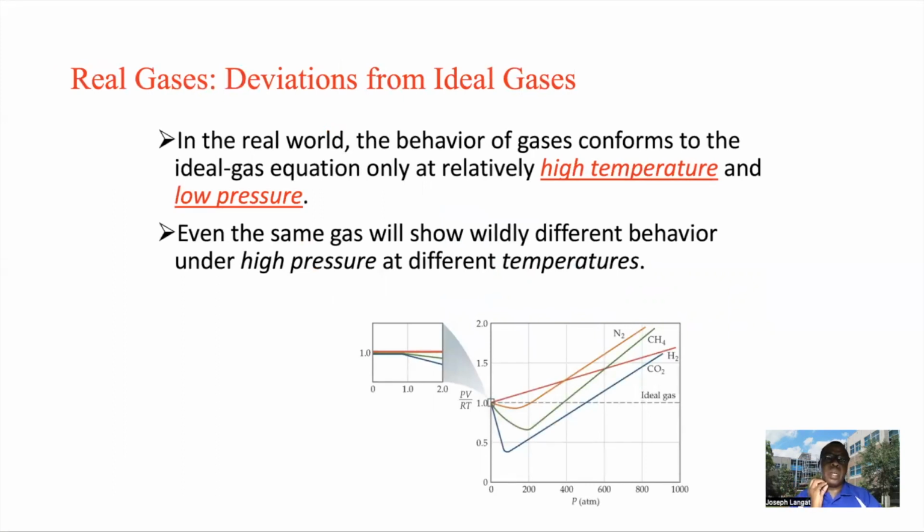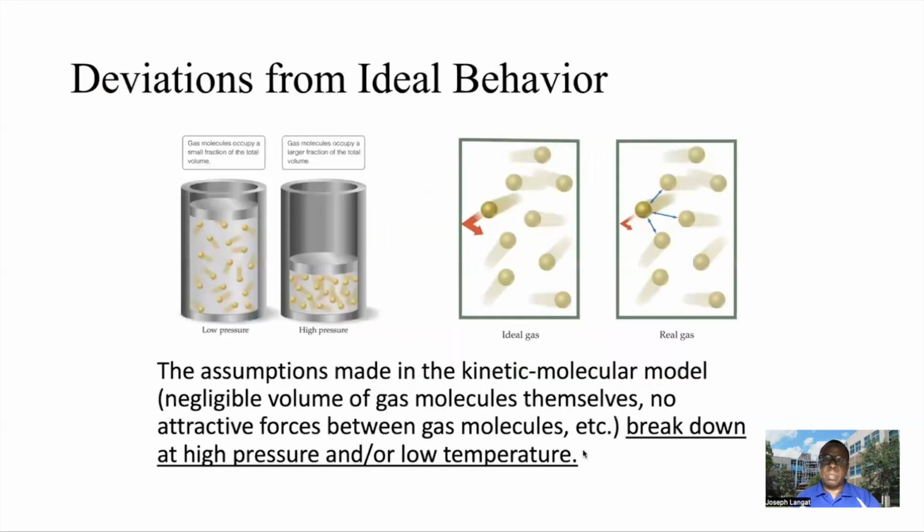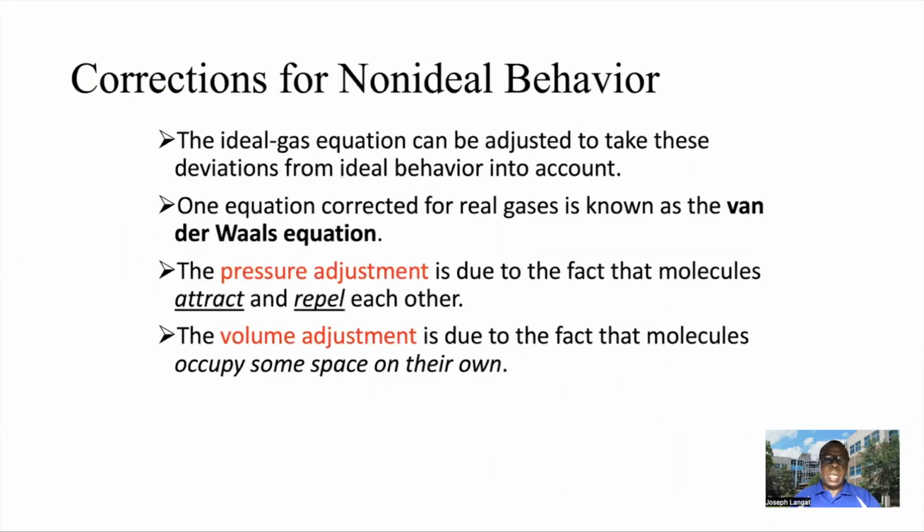High temperature and low pressure. So you see here at high pressure and low temperature, they tend to deviate from ideal gas, with different gases for that. Let's look at one example.